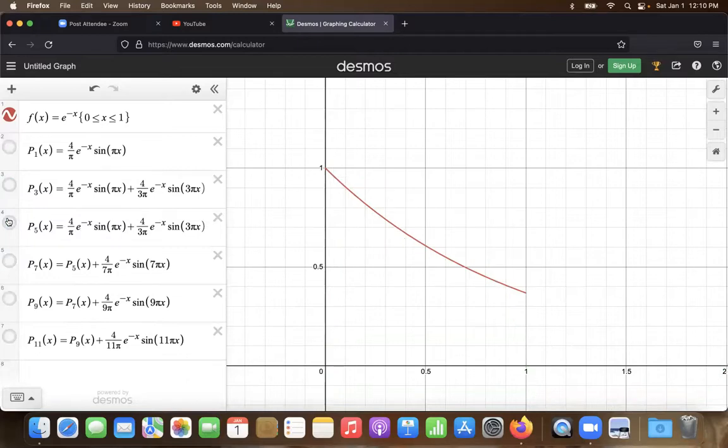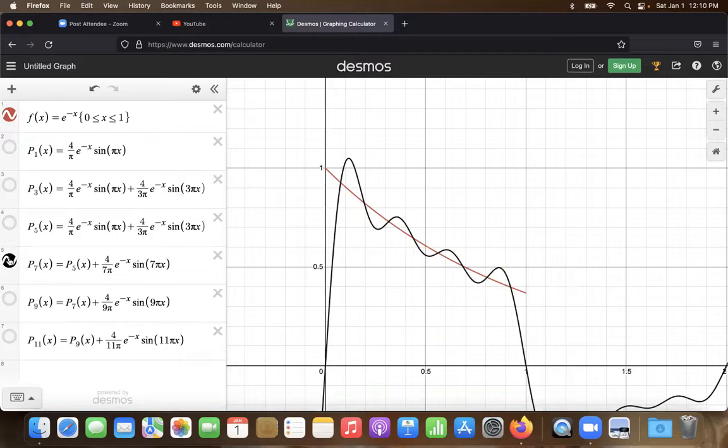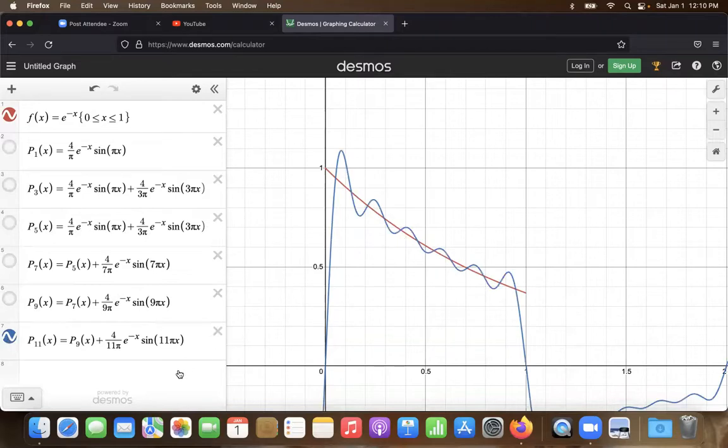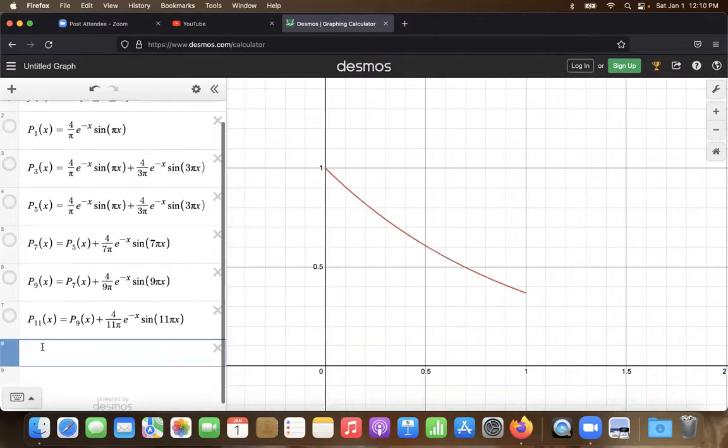Now let's look at 3 terms. A little bit better. You see how that purple graph approximates our function. 4 terms, 5 terms, 6 terms. Let's do one more.